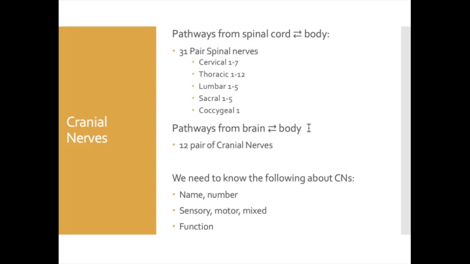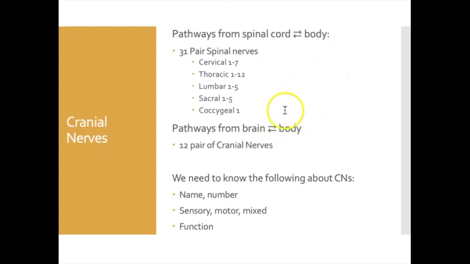It is true that sometimes it's the brain to the spinal cord to the body. That's going to travel through a spinal nerve. Sometimes it's the body sending sensory information through the spinal cord to the brain. That's going to travel through a spinal nerve.